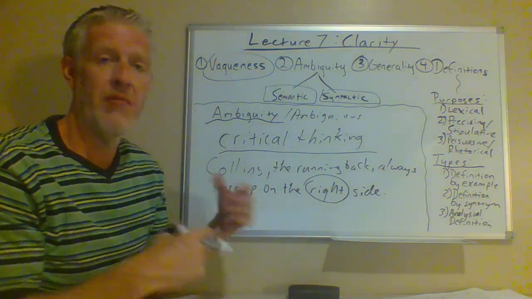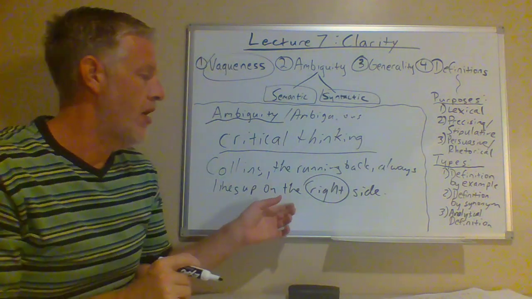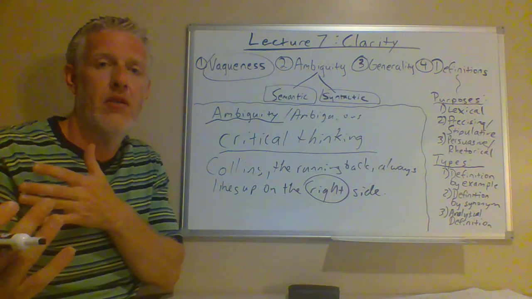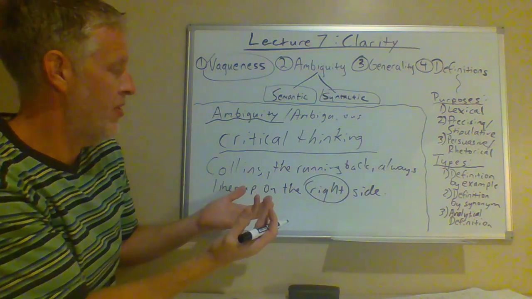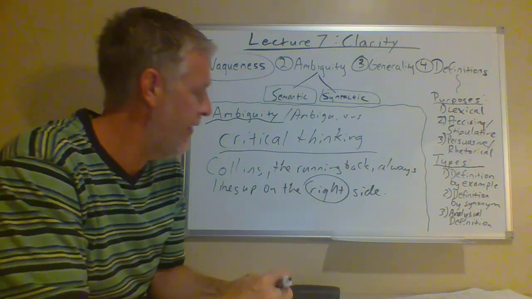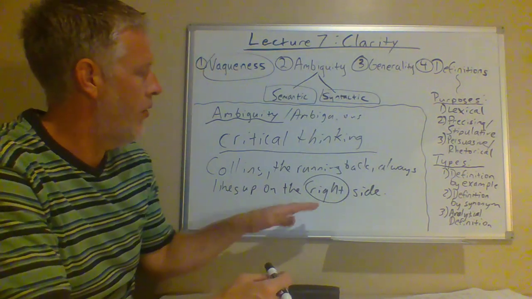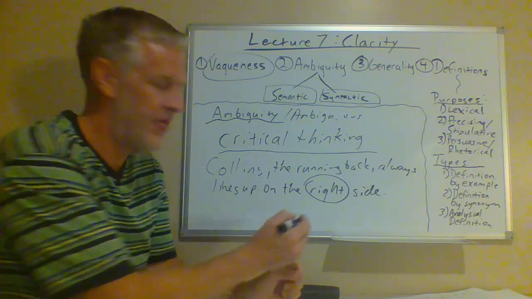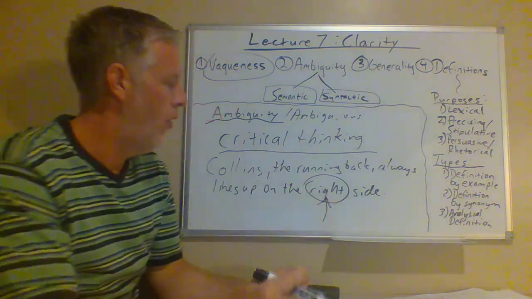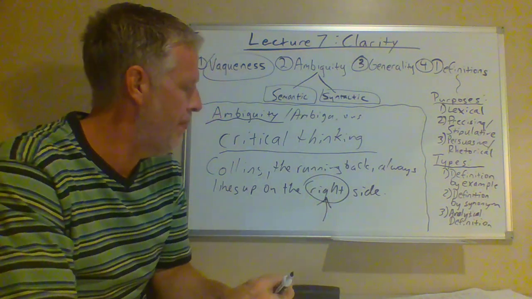Or, consider a coach saying this, he always lines up on the correct side. So again, two seemingly equally valid interpretations given what's said here. That's why we would render this ambiguous, and it's a case of semantic ambiguity because it comes down to a particular word or concept that's ambiguous.